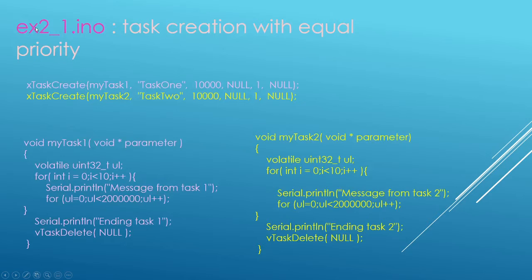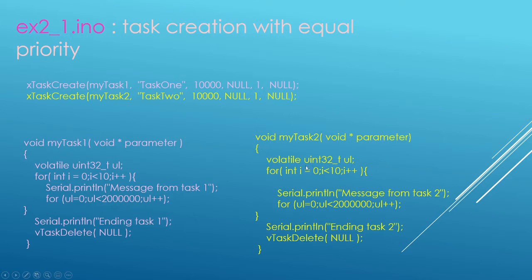In the first example, we have two tasks created with equal priority of 1, and the tasks just do some counting for 10 loops. So it sends 10 messages, and then when the task ends, we call vTaskDelete to delete it from the memory.